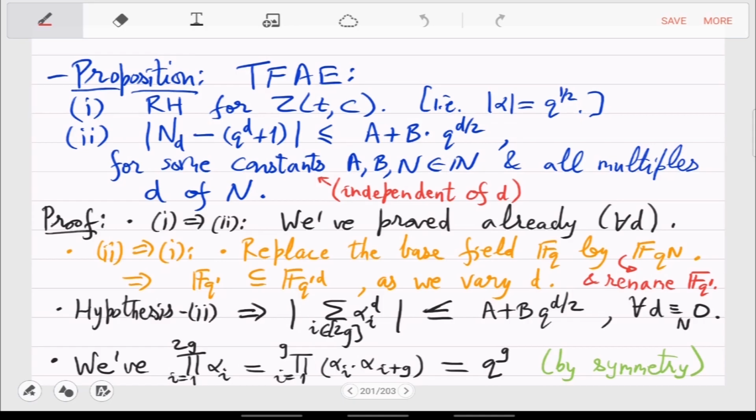So it will become alpha i to the n multiplied by d prime. That part is actually implicit, and then for those you will have q raised to ng. So we are using this fact that in base change, alpha i becomes alpha i to the n, which we showed in the previous proof.